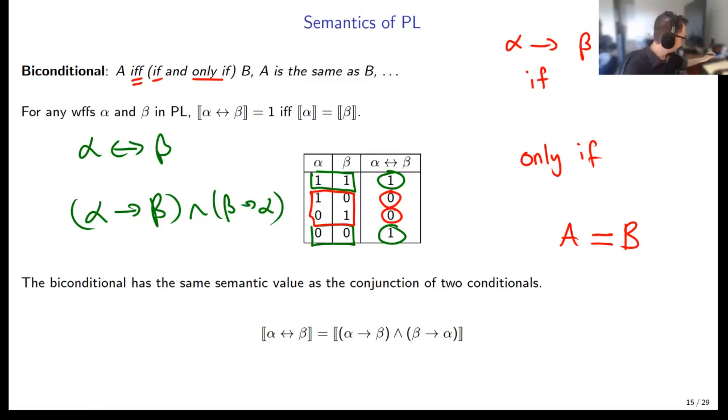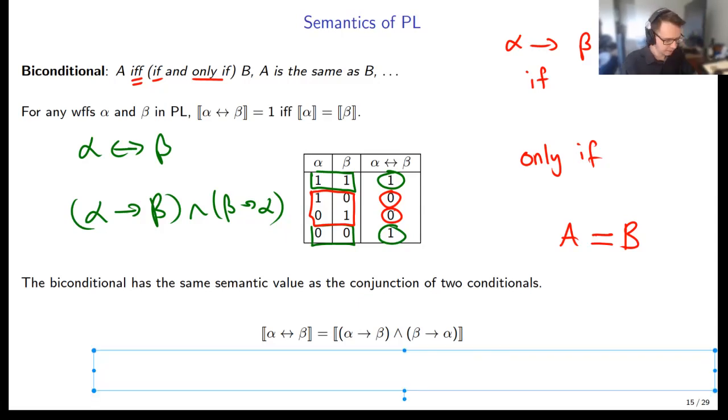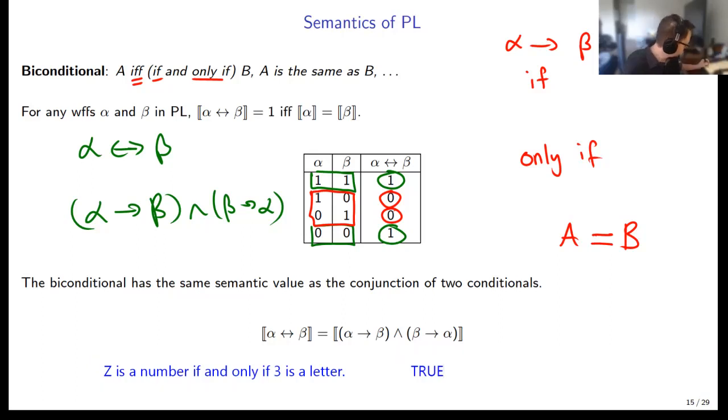So, for instance, Z is a number if and only if 3 is a letter. So this is a true statement because Z is not a number. 3 is not a letter, and this is the biconditional.